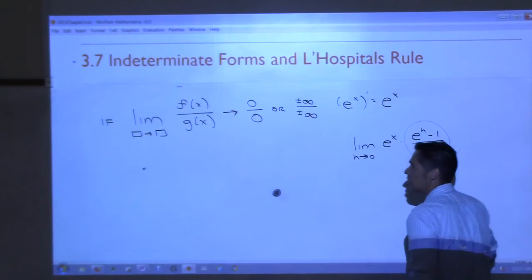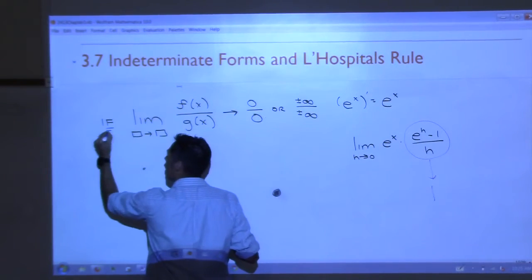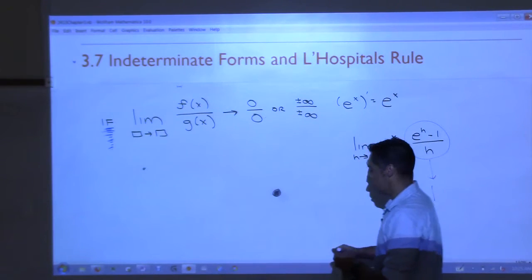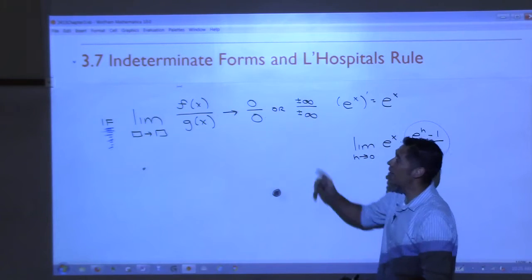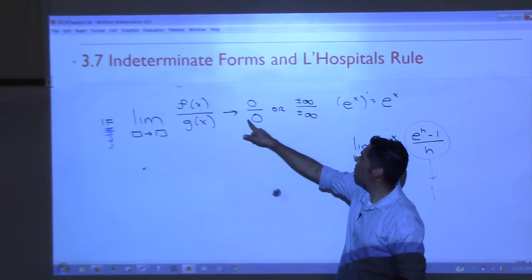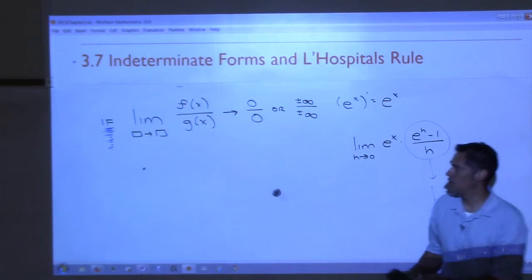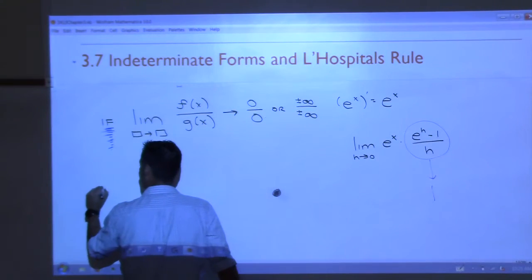I want to underline something here. If you take a limit and you ever see 0 over 0 or infinity over infinity, then here's the result of the rule.